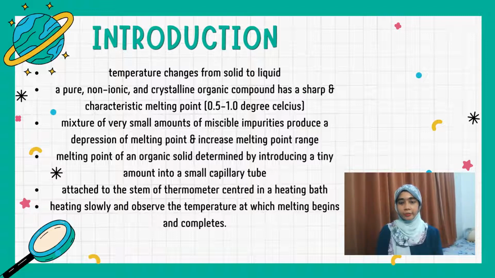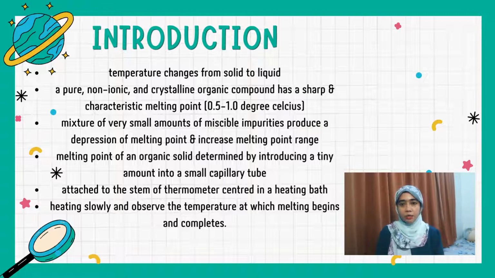For the introduction, the melting point of a compound is the temperature at which it changes from solid to liquid. This is a physical property often used to identify compounds or to check the purity of the compound. A pure, non-ionic and crystalline organic compound usually has a sharp and characteristic melting point, which is usually 0.5 to 1.0 degrees Celsius.